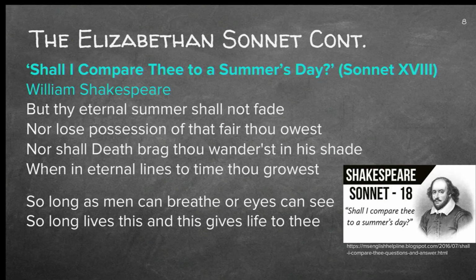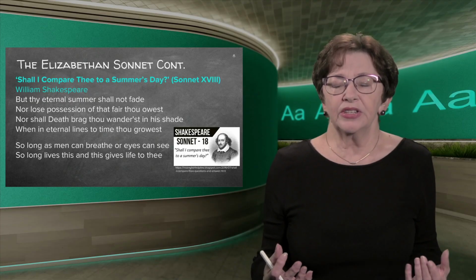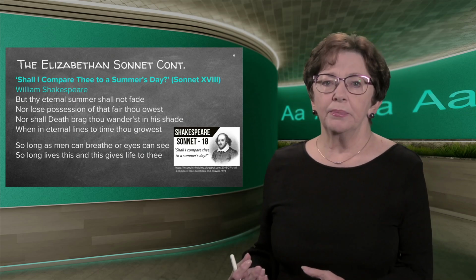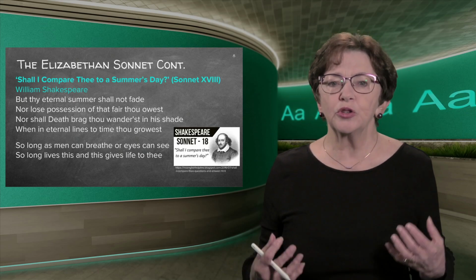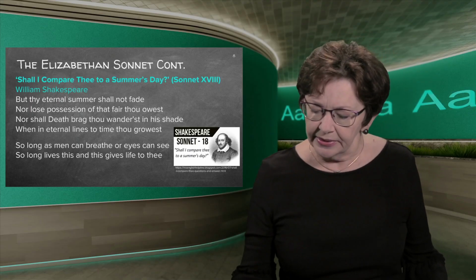He says, but thy eternal summer shall not fade. He has a kind of inverted personification used here. In other words, instead of the person being compared to summer, summer is compared to the person. In other words, a person has a summer, right? And you have an eternal summer.